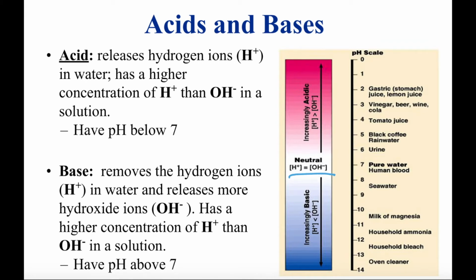An acid has far more plus charges, meaning it has a much higher concentration of hydrogen ions compared to hydroxide ions. Higher amounts of plus ions over negative ions. A base is a substance that has a far lower concentration of hydrogen ions than hydroxide ions, so it has a much higher amount of negative charge compared to positive charge. So basically acids have more H plus than OH minus, while bases have more OH minus than H plus.